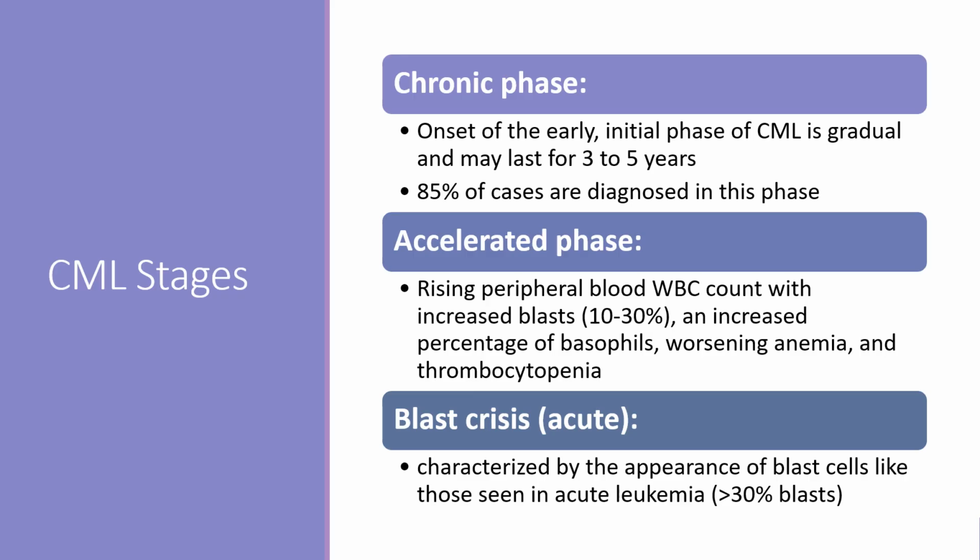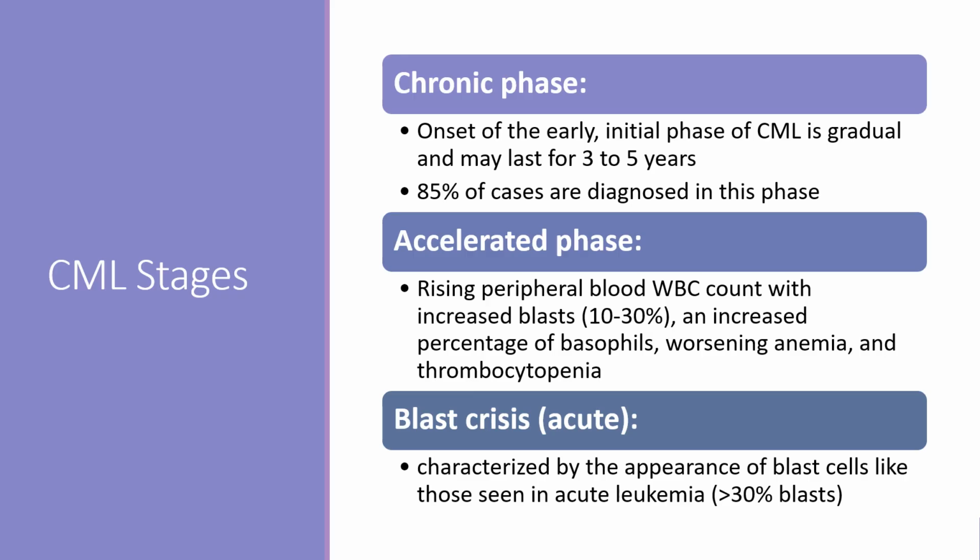In this case, with regard to our lab results, we may have a rising peripheral blood count, so the WBC count is going to be increased. We might have circulating blasts, and in the bone marrow, we're going to see about 10 to 30% of blasts.